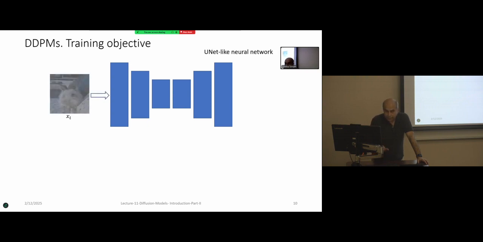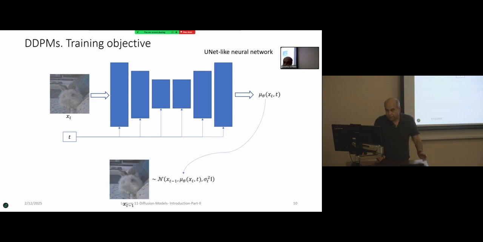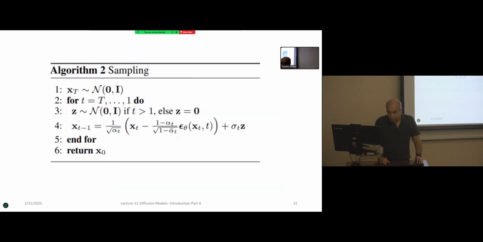And time is also an input, and then it will estimate the noise, or you can estimate the mean of the noise distribution, and there are different versions of that. Once you know that, you can sample from that distribution and generate an image, right? So it's very intuitive, very simple, and you want to be able to code this and try it out. So once you do that, now you have this distribution.